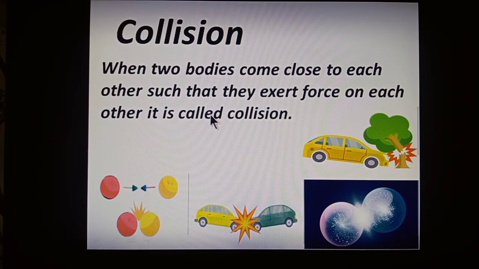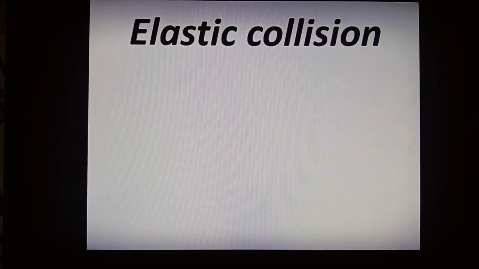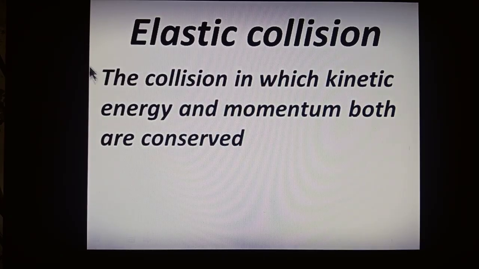Students, collision is of two types. First is called elastic collision. What is the definition of elastic collision? It is the collision in which kinetic energy, remember, kinetic energy and momentum both are conserved.